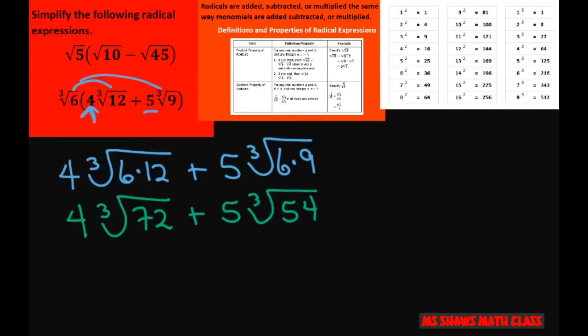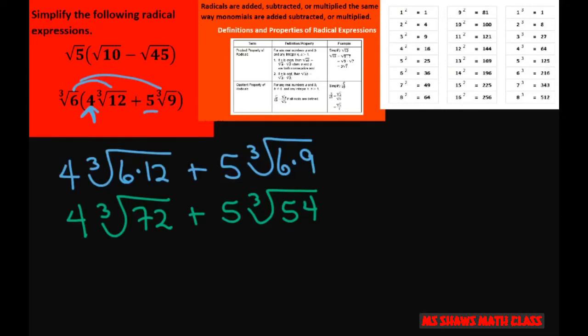Now we need to break 72 down by something that has a cube root in it. So for that one, let's look at 72.